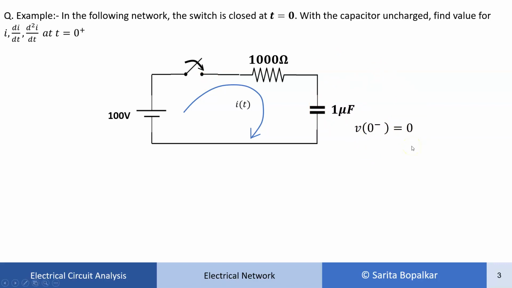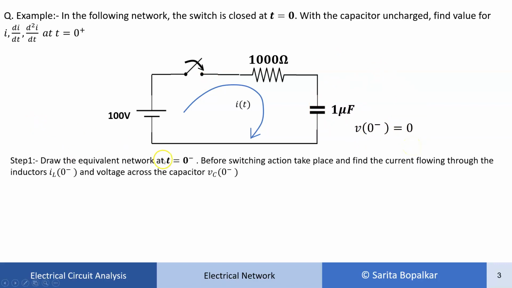That's why our first step is to draw the equivalent circuit at t is equal to 0 minus, before the switching action takes place. Find the current flowing through the inductor and voltage across the capacitor. Here only a capacitor is there, and what is the voltage? Vc of 0 minus is 0.